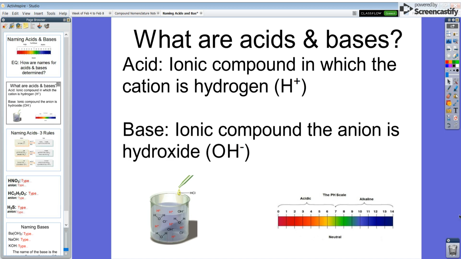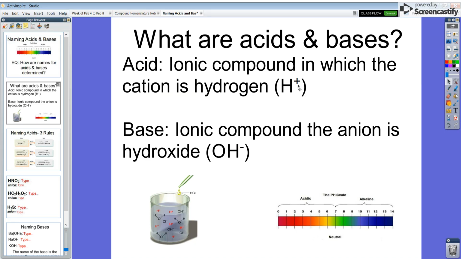But briefly, if your solution has a whole lot of acid in it, or H plus, you're going to be on the low end of the pH scale. And if your solution has a whole lot of base or hydroxide ion, your solution is going to be on the high end of the pH scale.